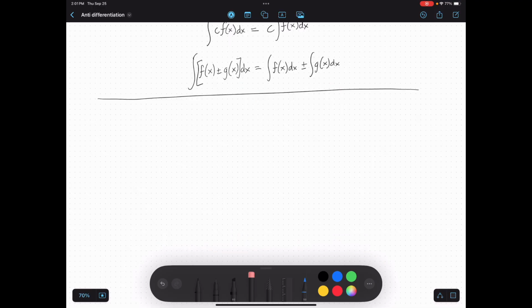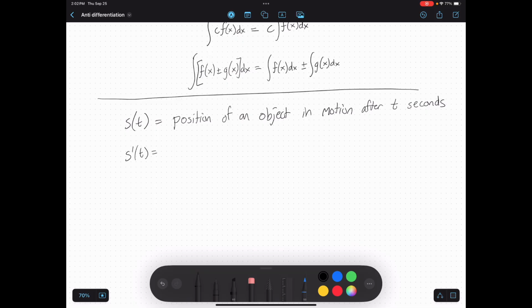Okay, next let's look at a context where antiderivatives actually make sense. Recall in previous sections, if we have an object in motion, we like to use S to represent the position of the object, where t is your time unit. If I were to take the derivative of this function, what does it tell me? It tells me velocity because it's telling you how the position is changing, the rate of change of position.